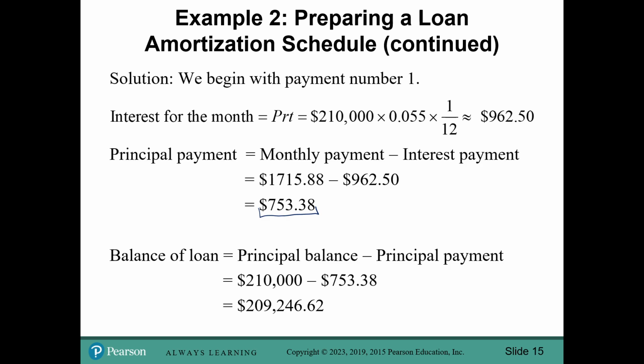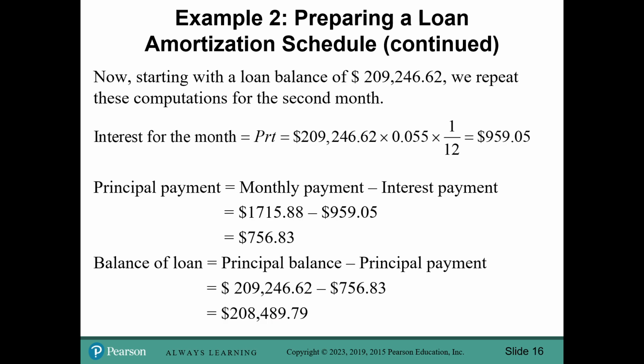So we take that $210,000 that's in principal, and we subtract our principal payment that we calculated to be $753.38, and we see that after our first payment, we still owe $209,246.62.